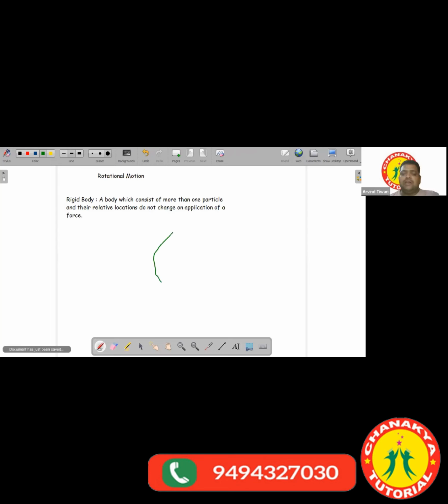So here we consider a rigid body. Let's say you have this rigid body which consists of a number of masses: mass m1, mass m2, mass m3, m4. So there are a number of masses of which this rigid body consists. It's not a single piece of mass. Any object you consider is not a single piece of mass.